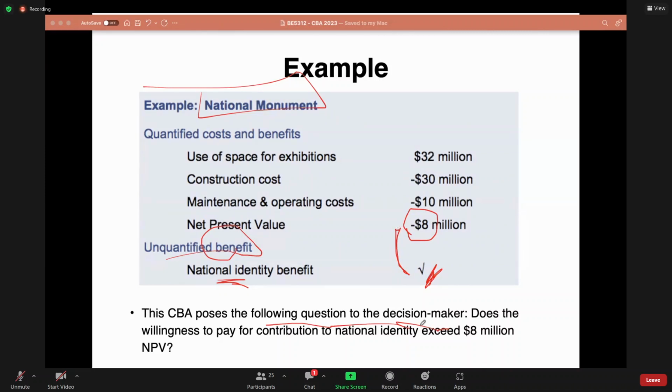So if you're undertaking the project, what is implied is that you actually think this national identity benefit is worth 8 million. Any questions?